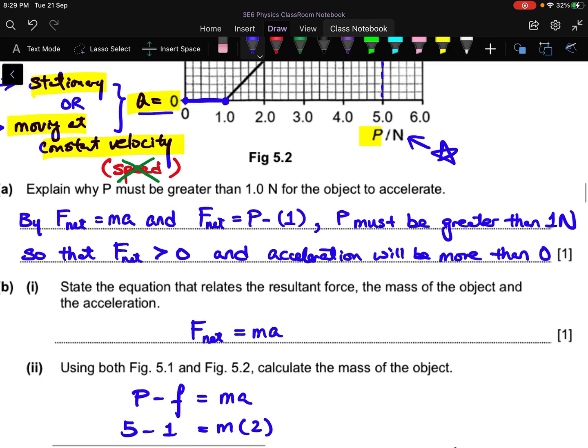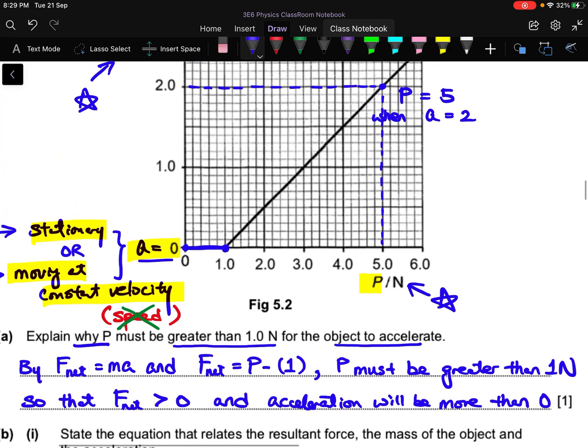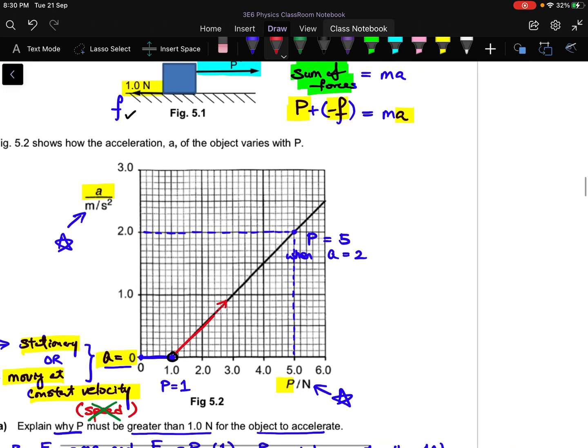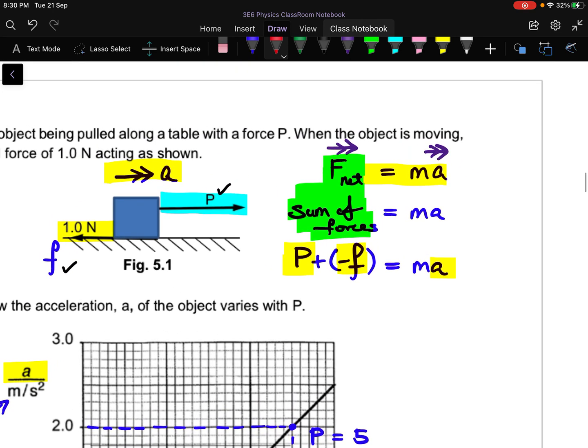Okay, in part A, you are asked, why is it important that your P must be greater than 1 in order to have acceleration? So here you can see that when your P is 1, you will have 0 acceleration, but once your P is more than that, you can see that the line goes up. And you can actually tell from this equation, right?